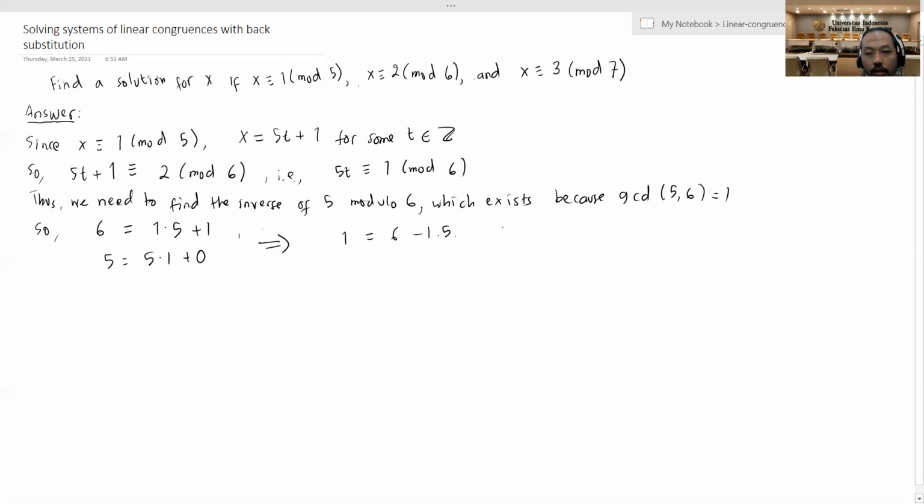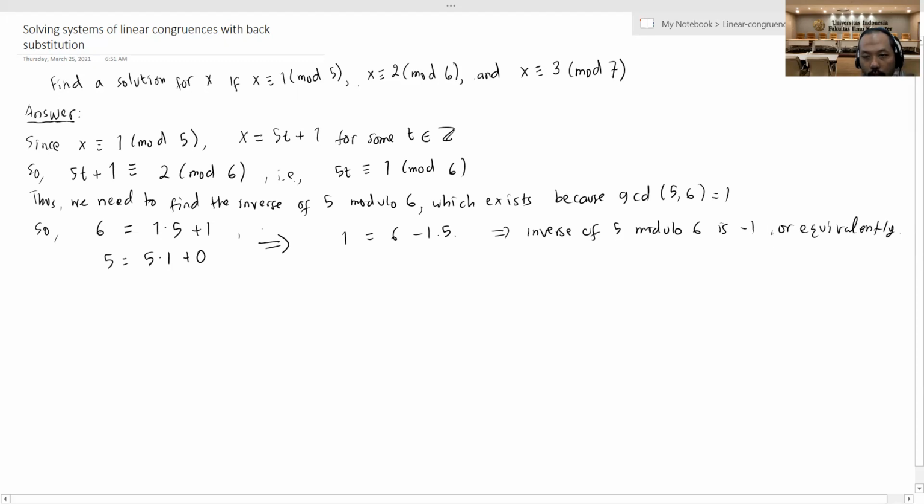So the inverse of 5 modulo 6 is minus 1, or equivalently 5. We can verify that 5 times 5 is congruent to 1 modulo 6.